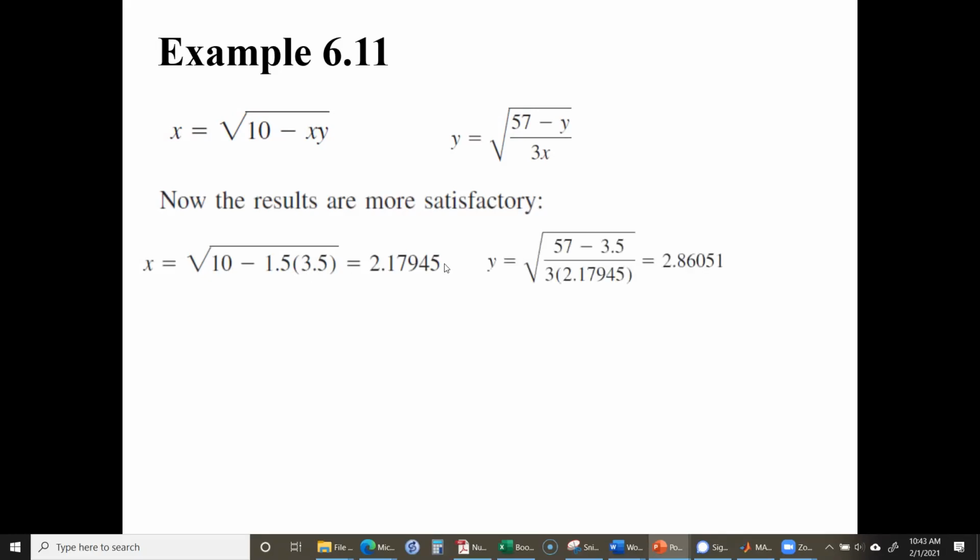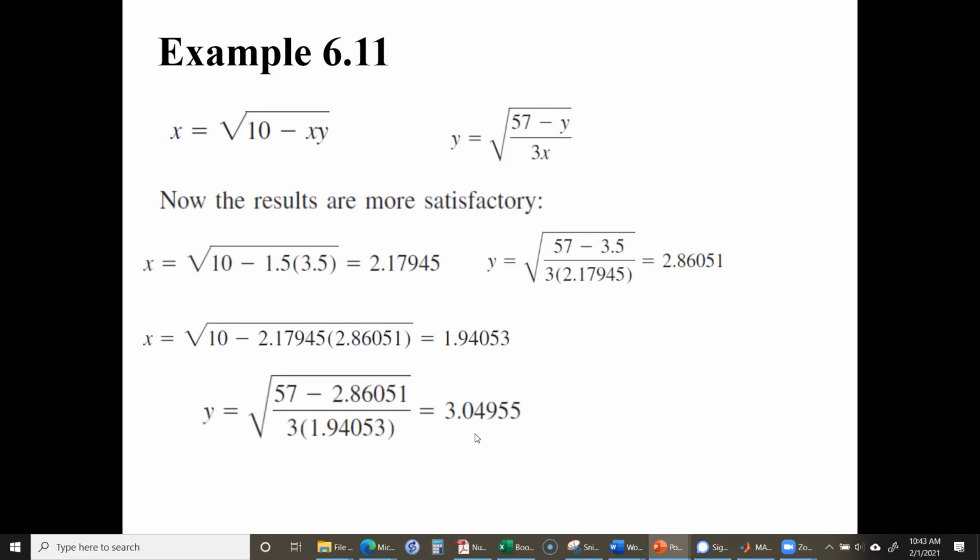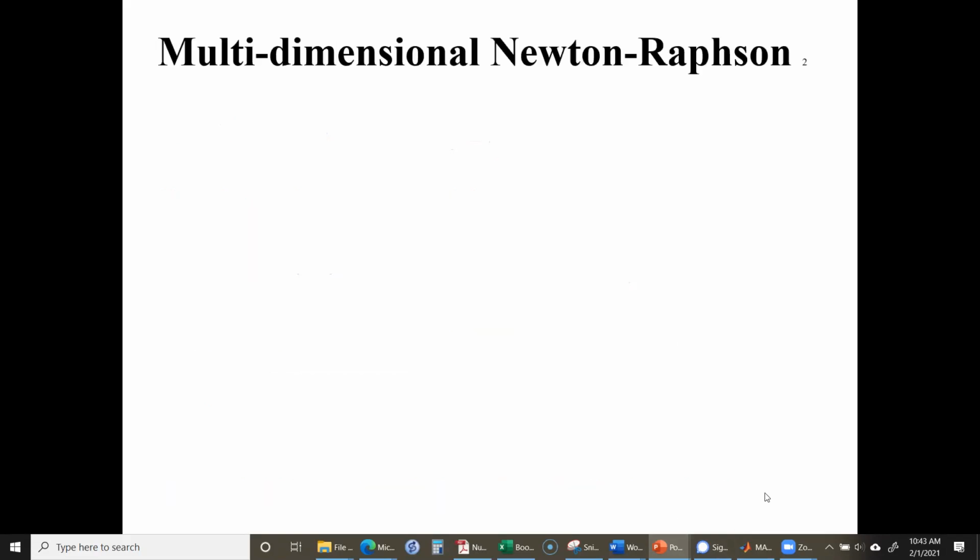So we get this value, and the value of y we get is 2.86 in this case. In the next iteration, we get the value of 1.94, and then we get the value of 3.04. So we can see that the solution is not diverging, and it may converge to the true values of x is equal to 2 and y is equal to 3.